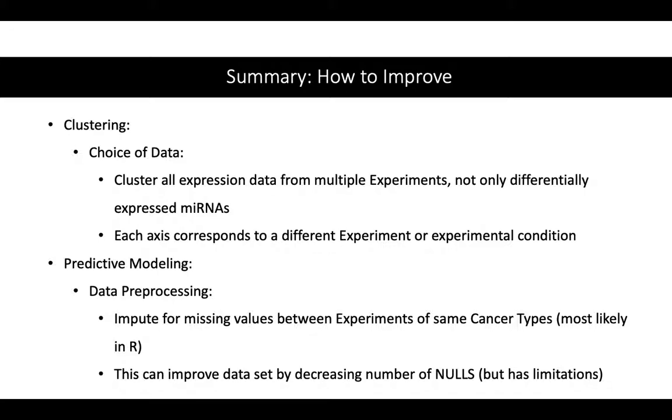So in summary, how would I improve this project? In terms of clustering, I think a major fault of this project was my choice of data. Instead of going to a database that already identified differentially expressed microRNAs, I should have downloaded each experiment and clustered either within an experiment or on different experimental conditions.